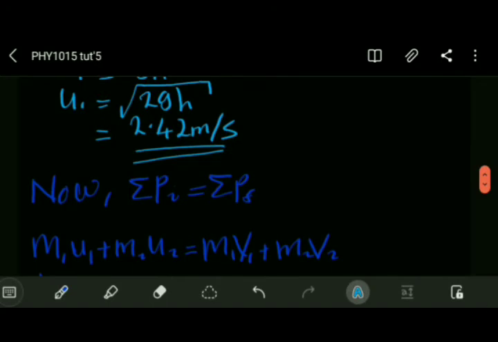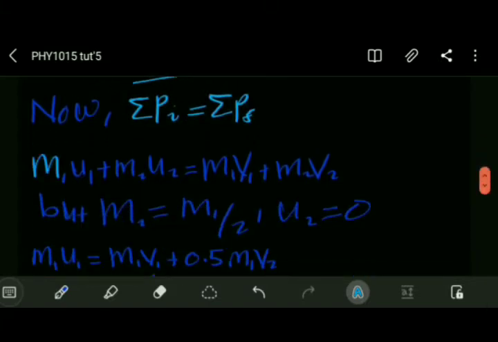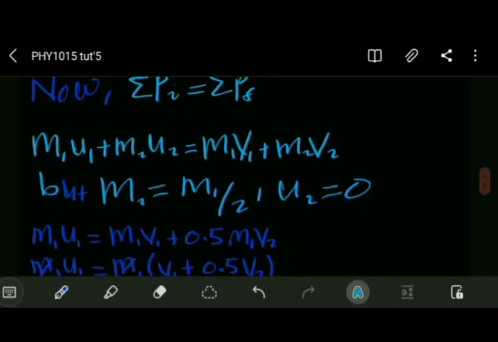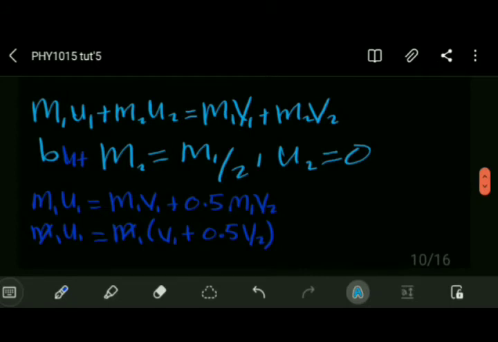Now let's see the conservation of momentum. Momentum before equals momentum after, so we have m1 u1 plus m2 u2. We are told that m2 is half of m1, so m2 equals m1 over 2, and u2 is 0. Substituting, we have m1 u1 equals m1 v1 plus 0.5 m1 v2.